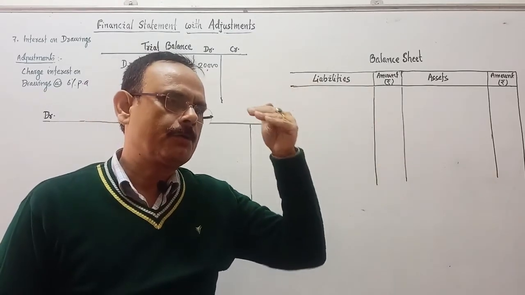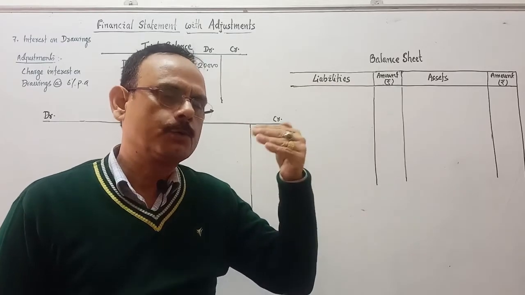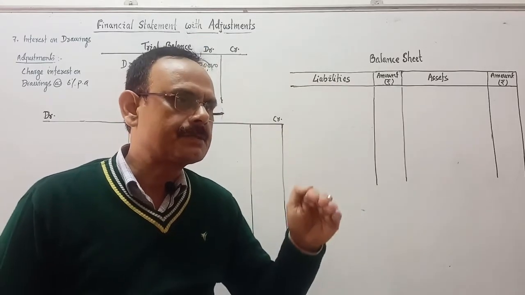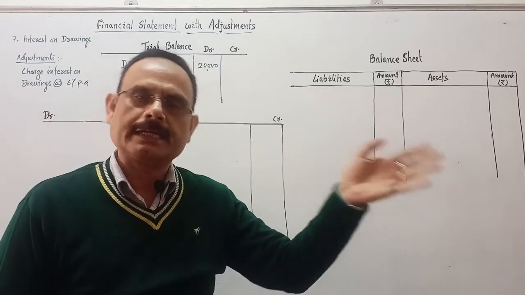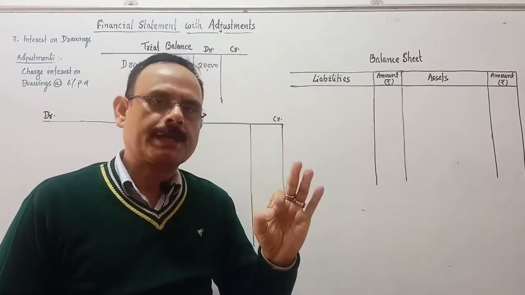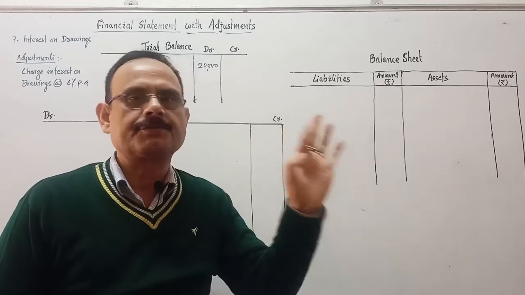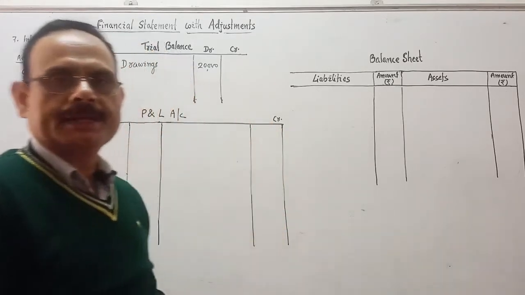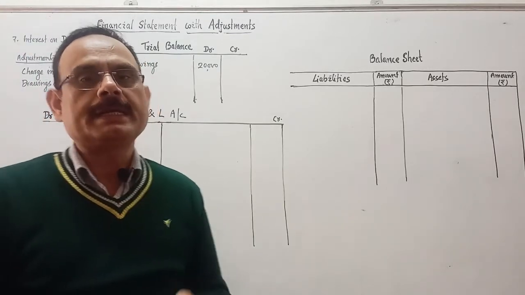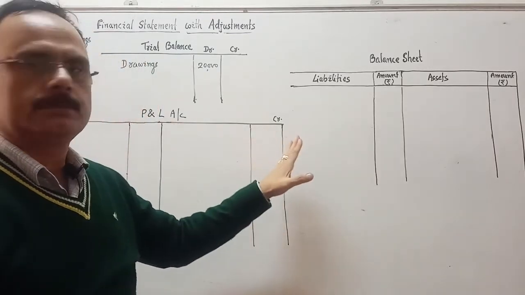So if the amount or goods are withdrawn or any services of the business are availed for personal use, that is drawing. On that drawing, if the business charges interest, then from the business point of view, it's an income.